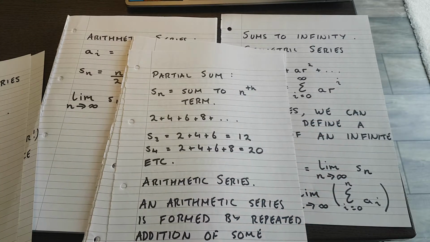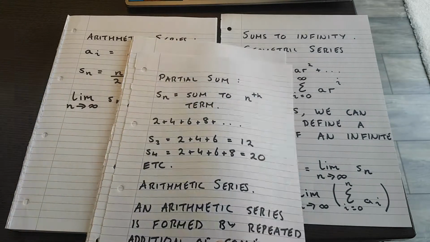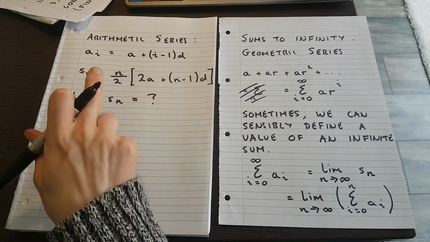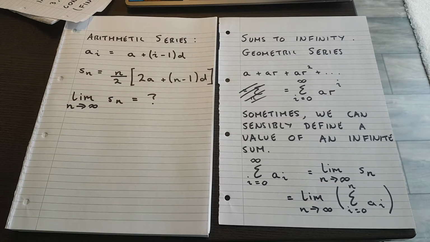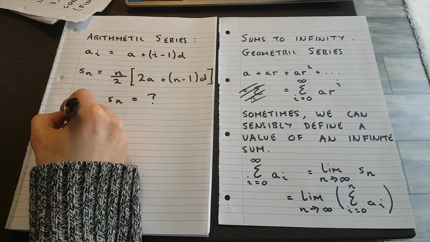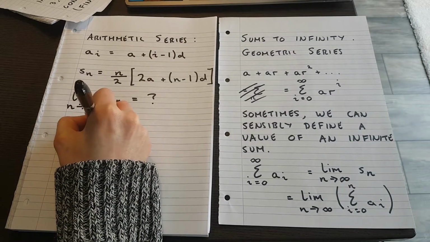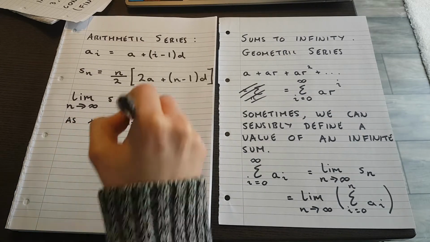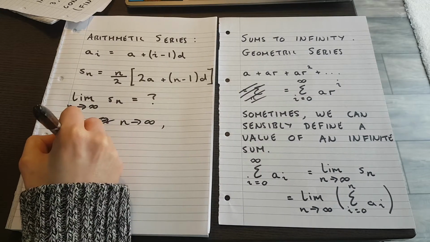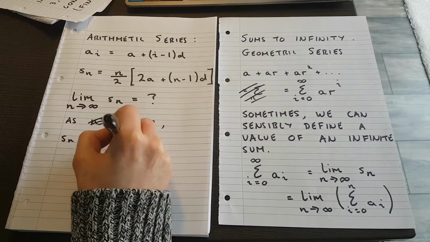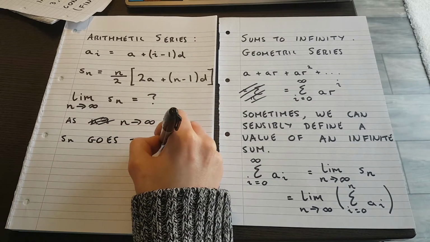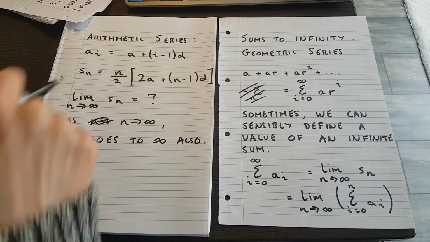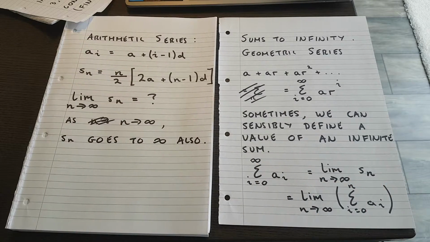The terms are always getting bigger. So as a result of this, we can see that this n here is actually going to go to infinity as n gets large. So as n goes to infinity, S_n goes to infinity also. So for an arithmetic series, it doesn't make sense to talk about the value of an infinite sum.